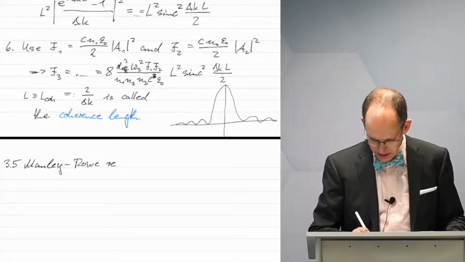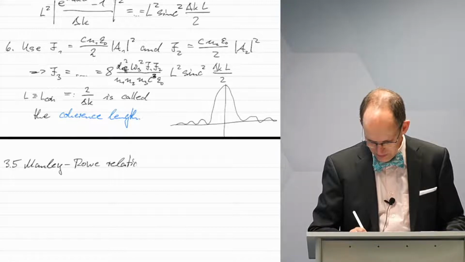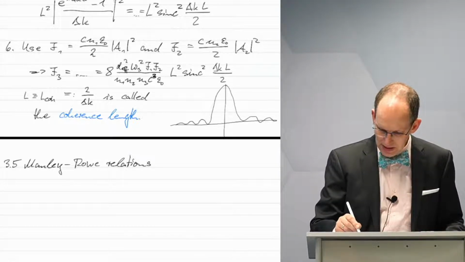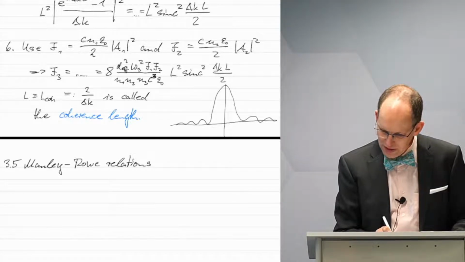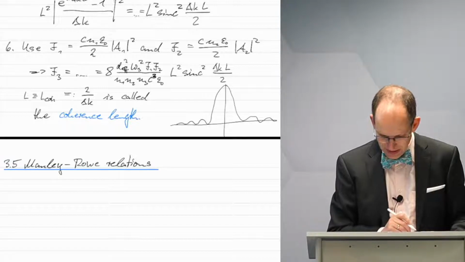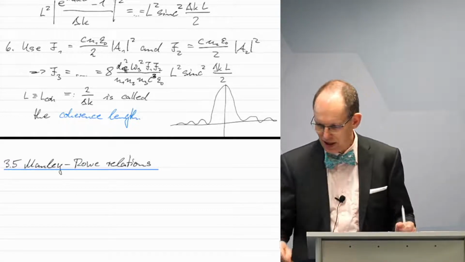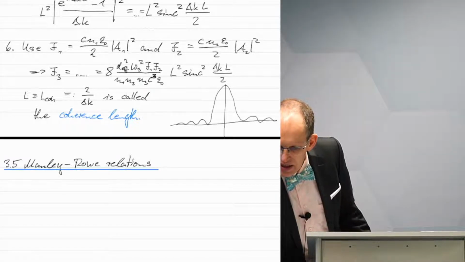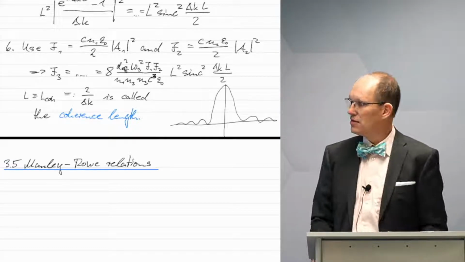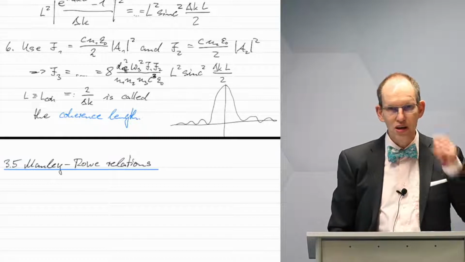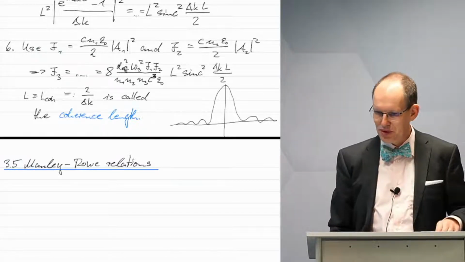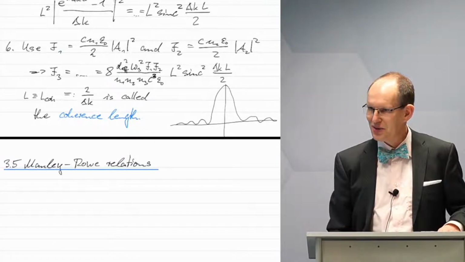The Manley-Rowe relations. Yeah, so one should think that they were invented by two people by the name Manley and Rowe, and this is actually true. But actually I only found more information about Rowe. Maybe we switch to the slides.